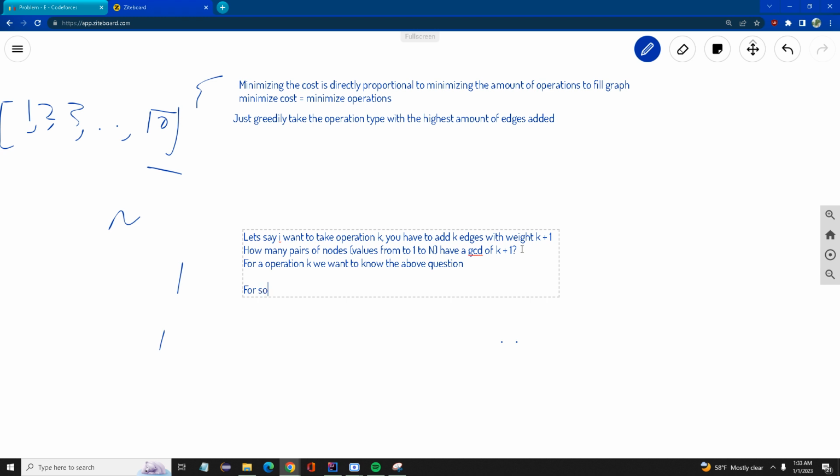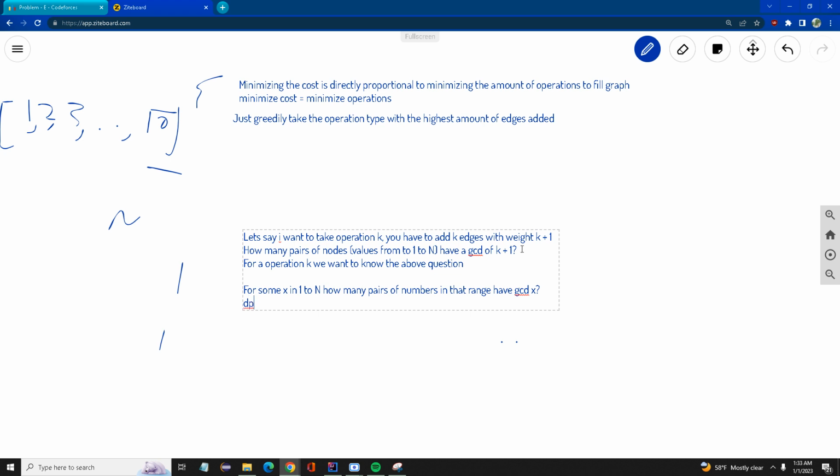So in general, we want to know, for some x in 1 to n, how many pairs of numbers in that range have GCD x? That's the question, right? We can do this with dynamic programming.